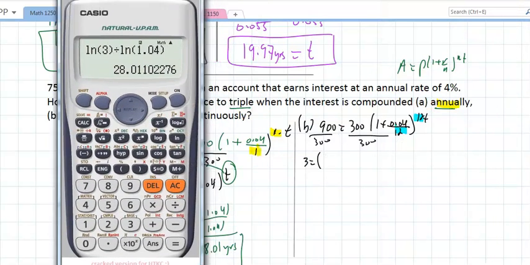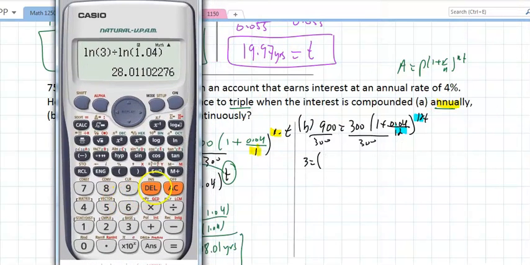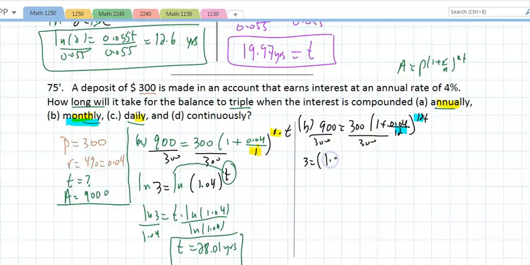If I take my calculator, and now I'm going to take 1 plus 0.04 divided by 12. That's 1.003. And the work is identical. It's not going to change.